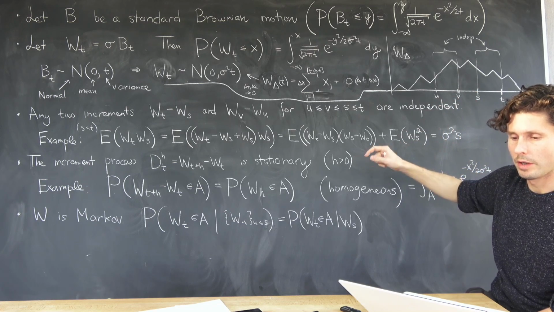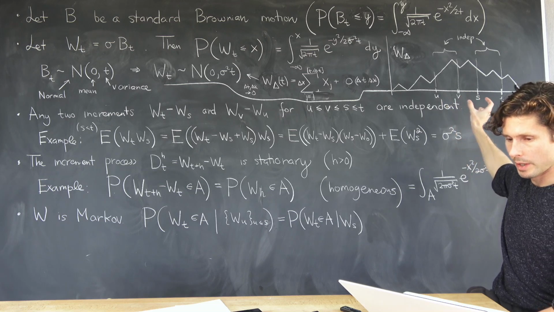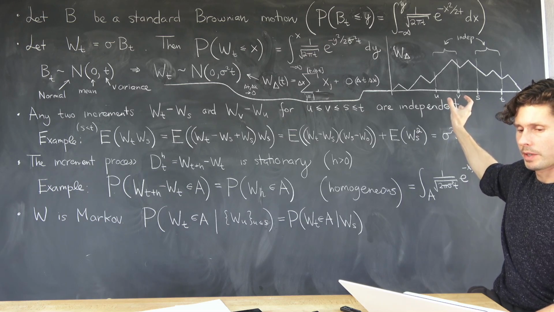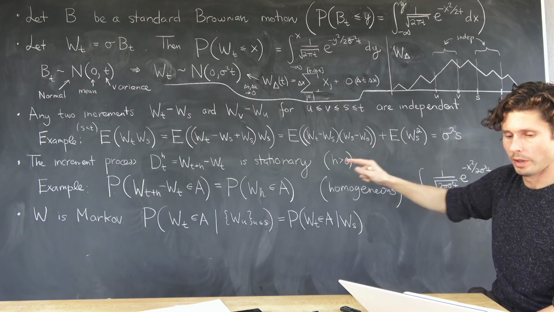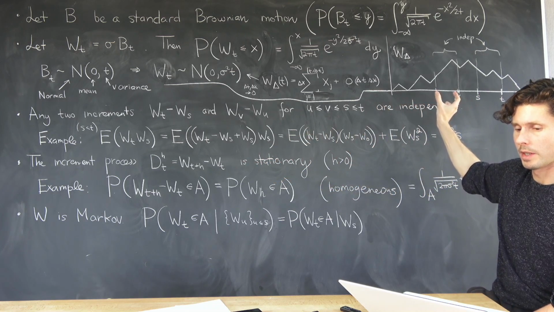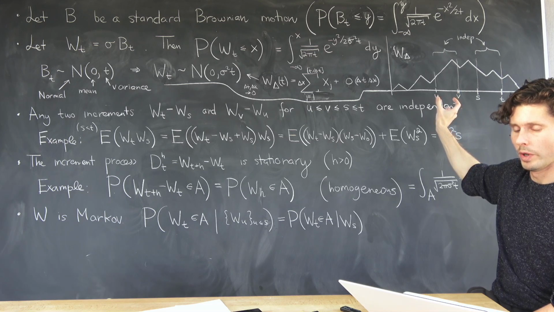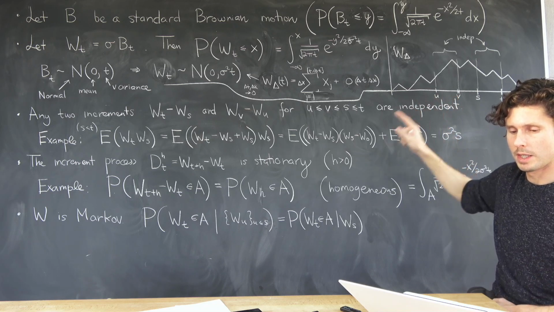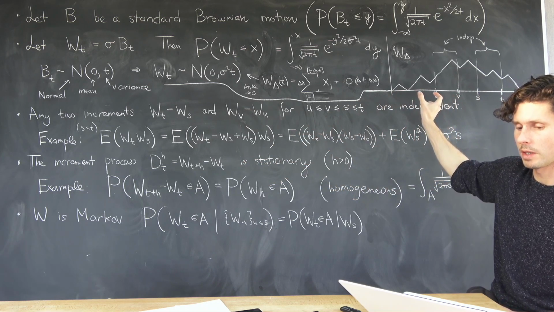In the stationarity part, if you're taking some increment, let's say this one, or maybe let's look at this one, and we're shifting it. That's what we're doing when we're moving t here. We're keeping the length of the increment, let's say v minus u, equal to h. When we're talking about stationarity of the increment, we're moving the t in this definition and keeping the h fixed. So I'm just moving this increment.